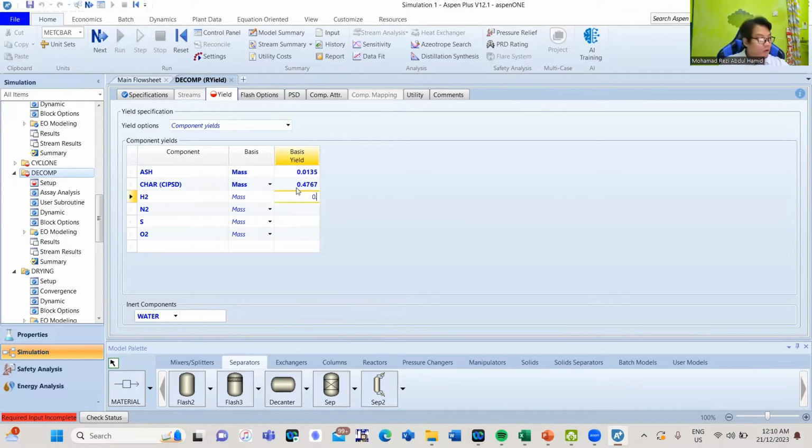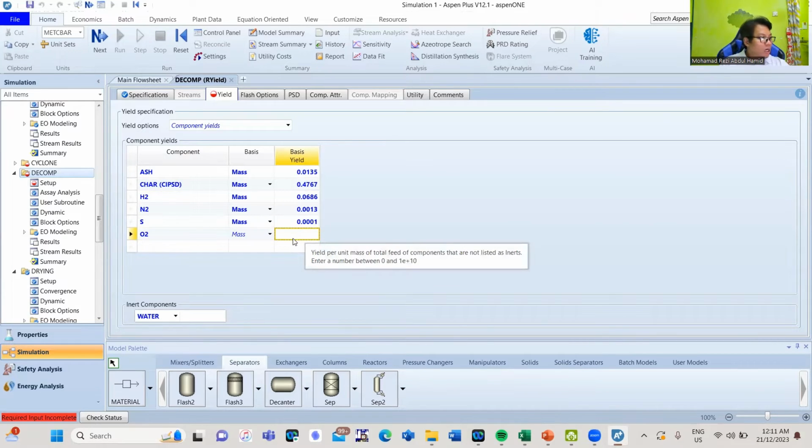Hydrogen is 0.0686. And then nitrogen, 0.0013. Check 1, 2. Yep, correct. Sulfur is 0.0001, I think. Yes.